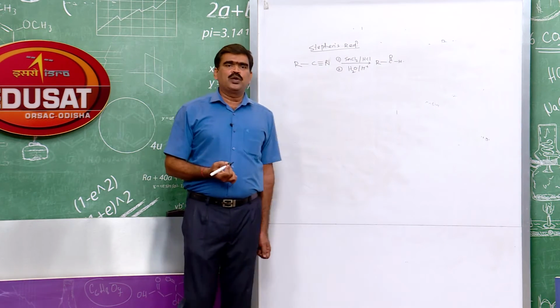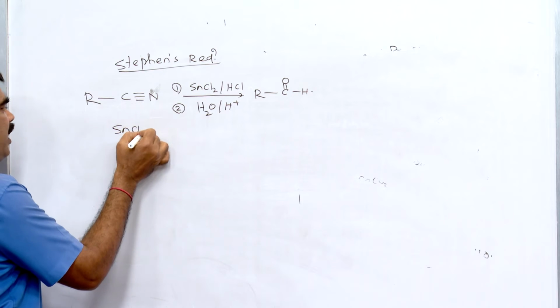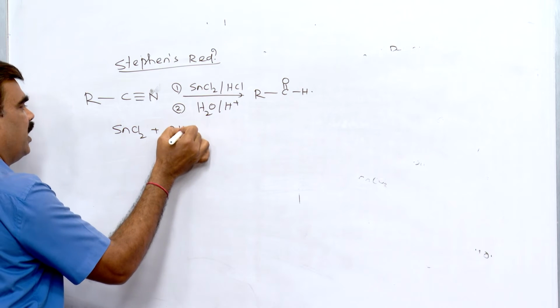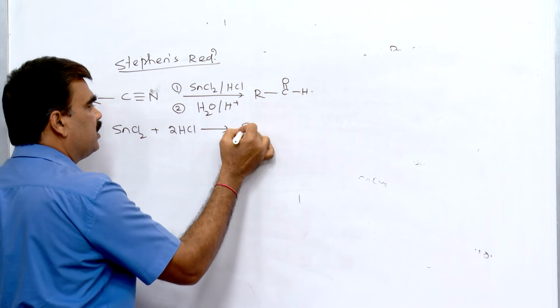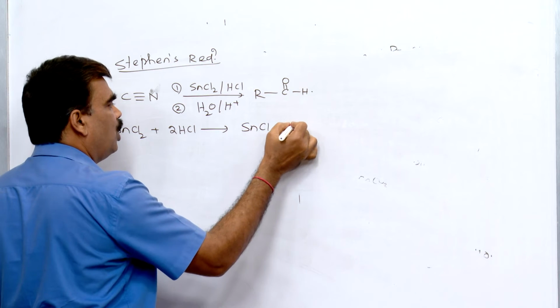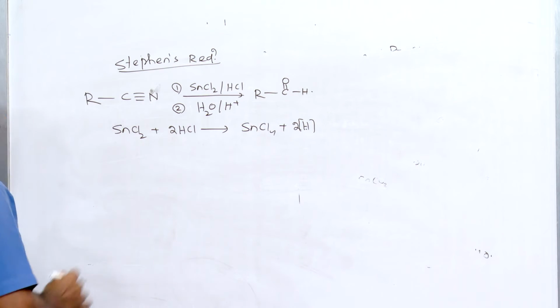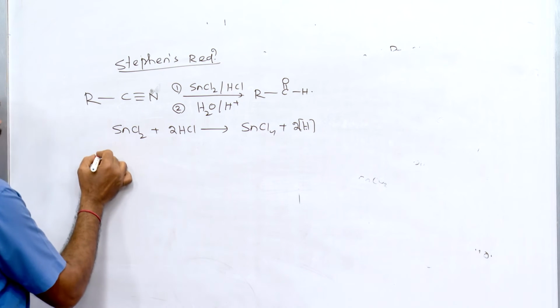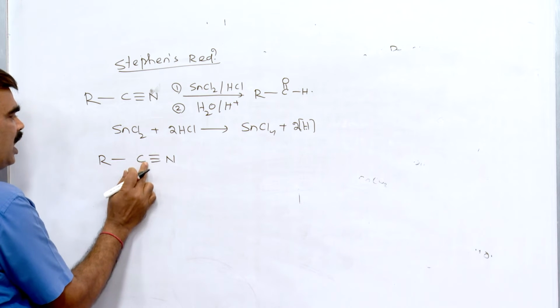You cannot prepare ketone in this process. How does it take place? Stannous chloride on reaction with HCl produces nascent hydrogen, SnCl4 plus 2H. And in RC triple bond N, there is a triple bond between carbon and nitrogen.